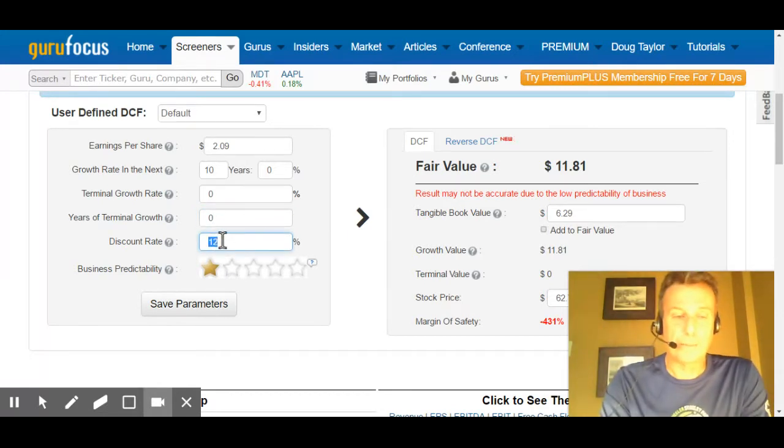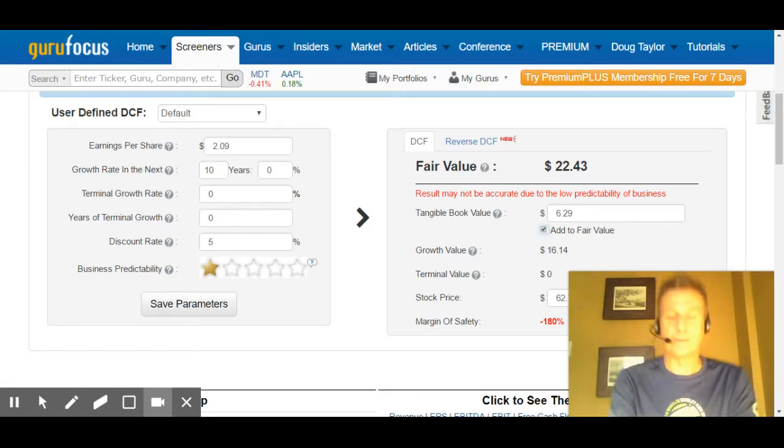So anyways, I knock all those to zero. I go to my 5% discount rate, and it's 289%. I'll add in the book value to the fair value, and I guess it's to minus 180. So it works out to about the same. But right now, this stock would be too expensive for me.